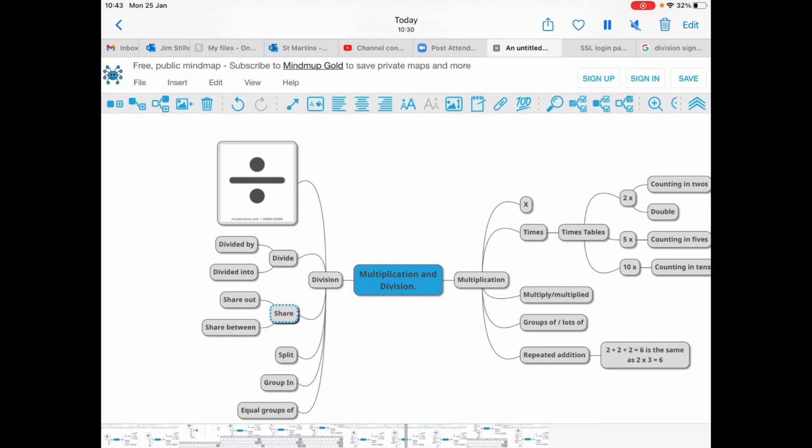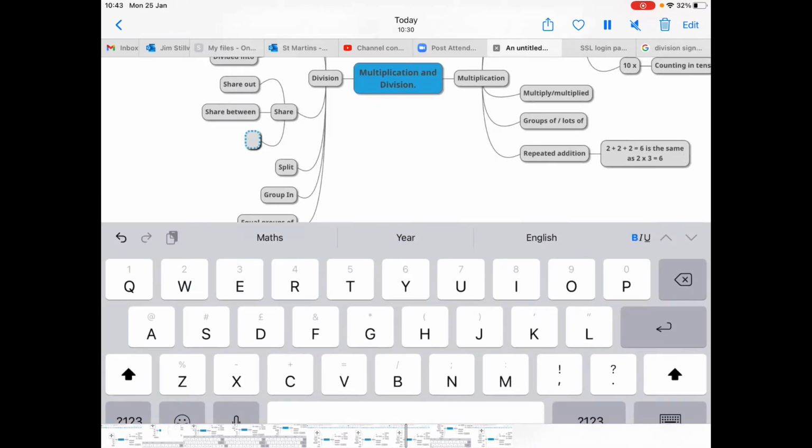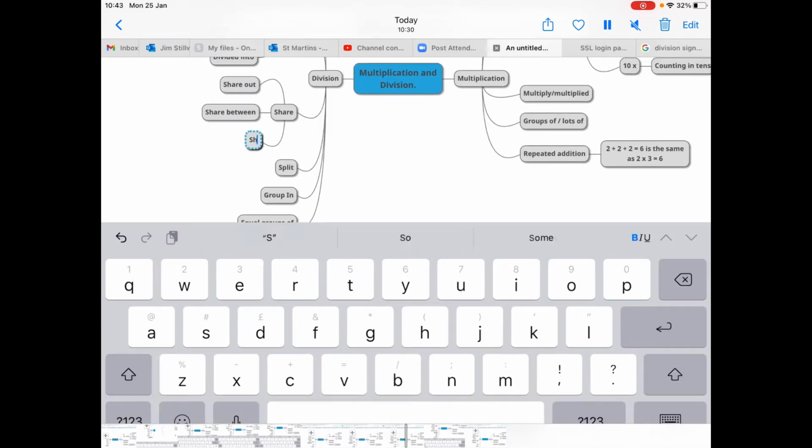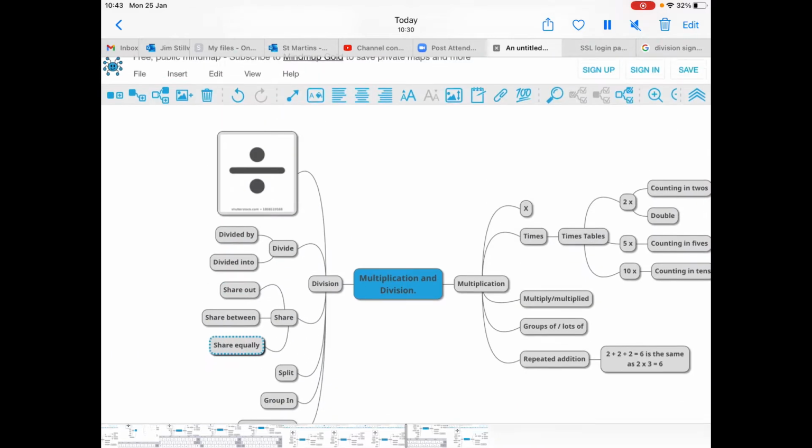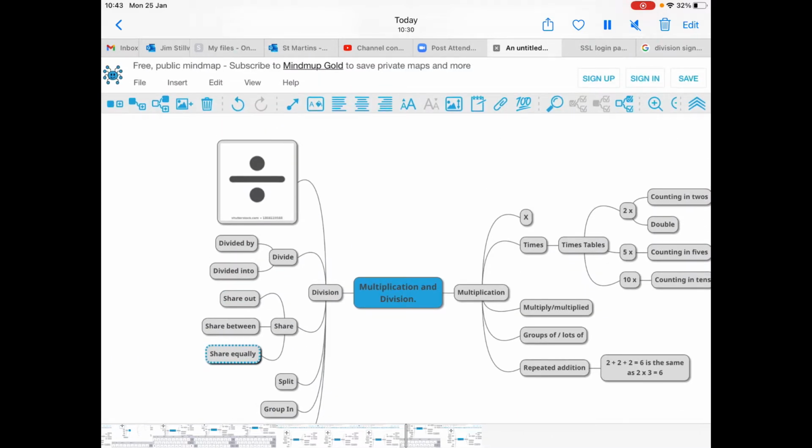It's the same sort of language, all means the same, going towards the same goal, which is sharing, dividing, splitting, grouping a number or items from 1 big number getting smaller into smaller groups. You might hear share equally, and we know that equal means the same.